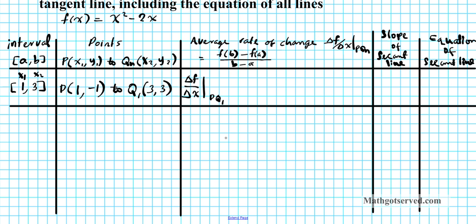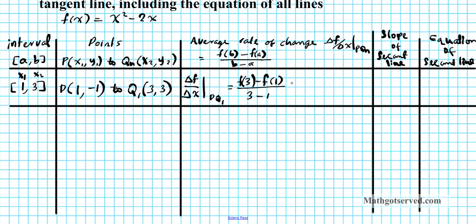It's going to be f of 3 minus, let's write that down. Because we know that b is 3 and a is 1, it's going to be f of 3 minus f of 1 divided by b minus a. b is 3, a is 1, 3 minus 1.